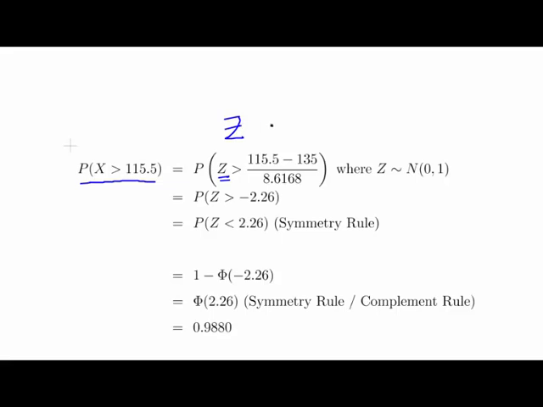We calculate the z-score, which is x minus mu over sigma: 115 minus 135 divided by 8.6168. Make some reference to what Z stands for: it's the standard normal distribution with mean 0 and variance 1. So this should turn into a normal distribution question quite quickly.